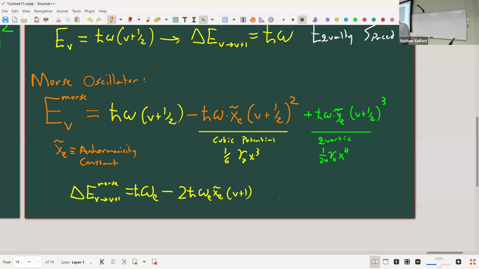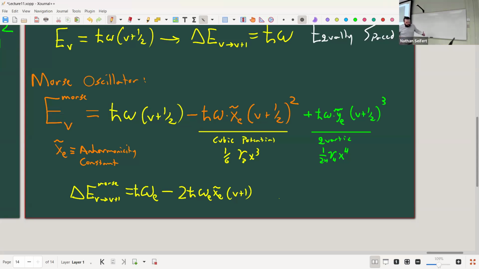So what happens is that your energy levels are no longer equally spaced, right? Harmonically, they're equally spaced, ħω_e, but now they're starting to come together. They're starting to close together proportional to this anharmonicity constant x_e. Every time V increases, this gap between them gets smaller and smaller and smaller.